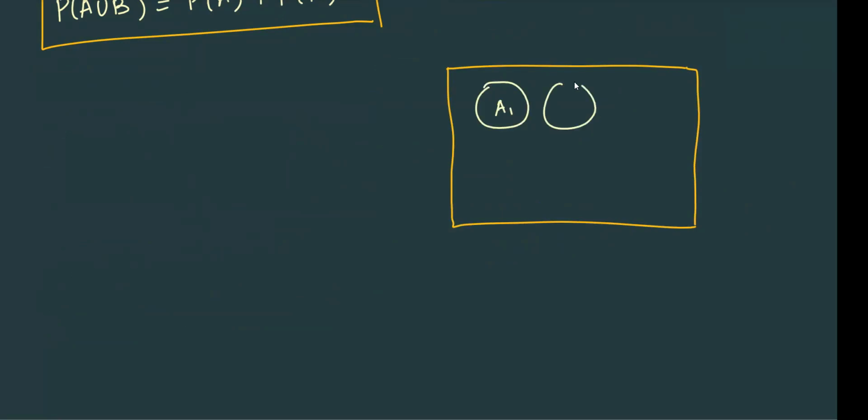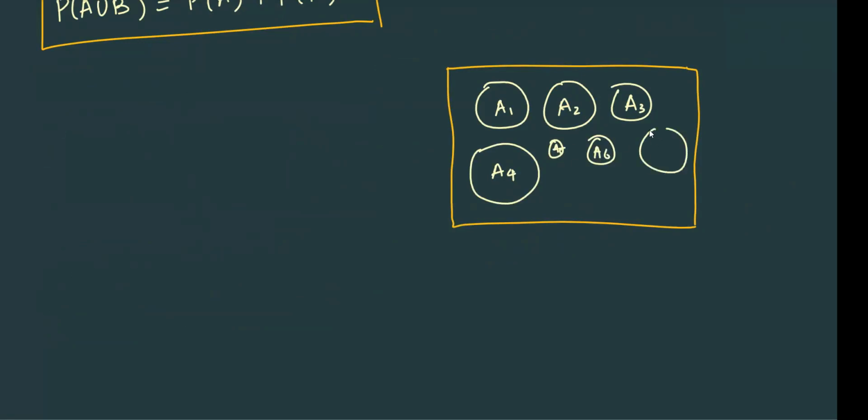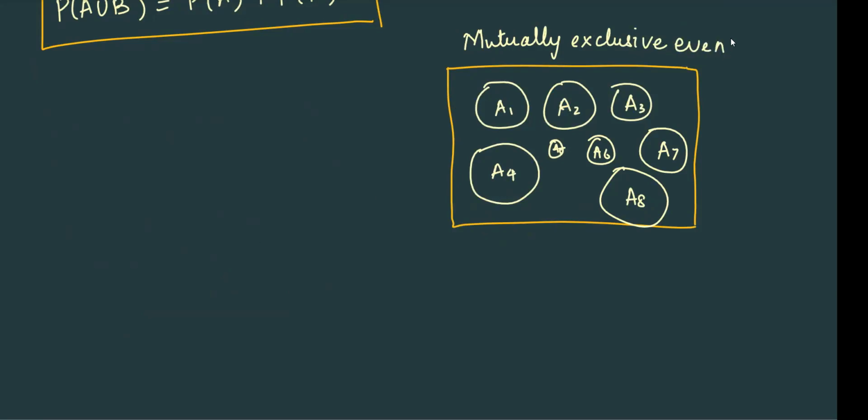A1, A2, A3, A4, A5, A6, A7, like that. There is no overlap between any of these mutually exclusive events. If one event occurs, the other cannot occur. If A1 occurs, A2 to A8 cannot occur.